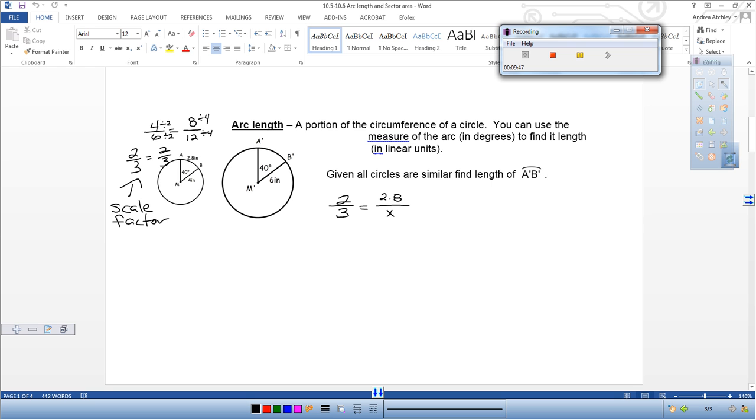Any questions over that? We're going to cross multiply. We're going to get 2x equals 2.8 times 3.